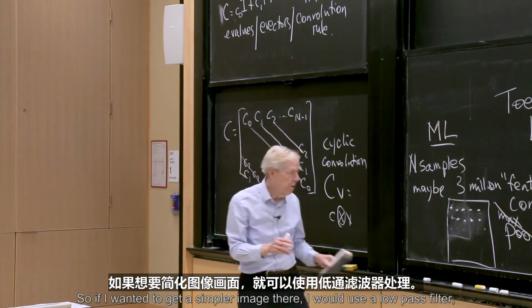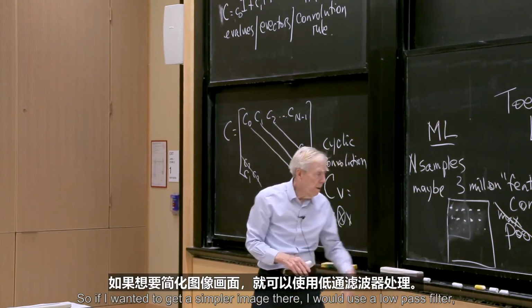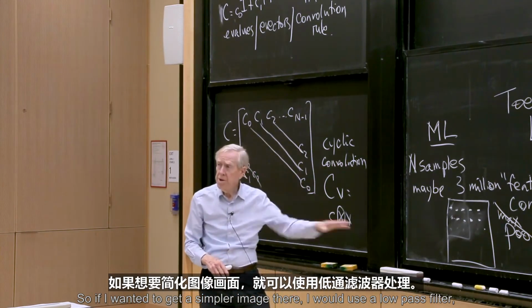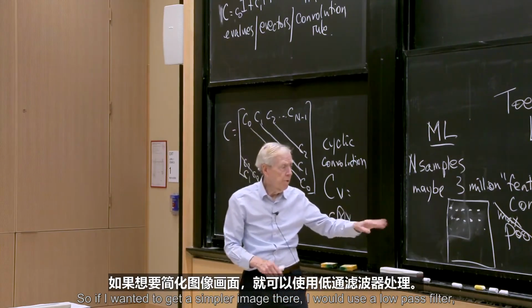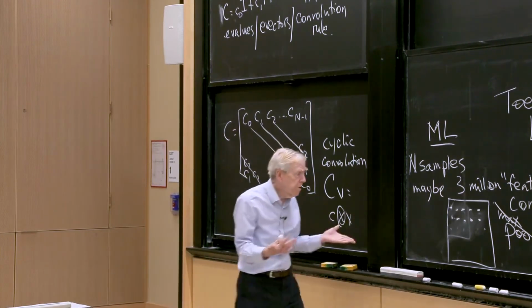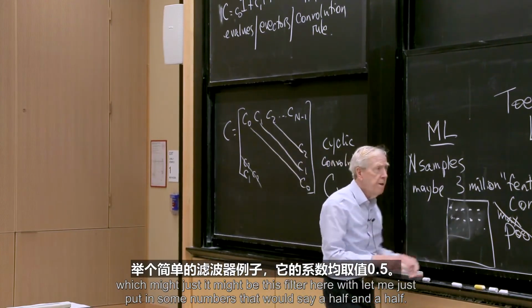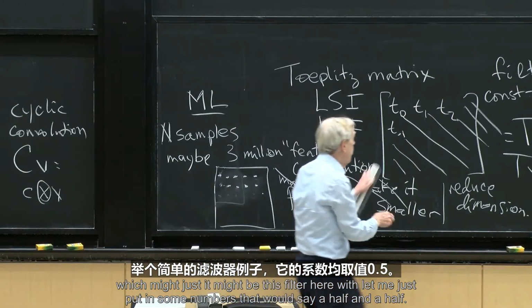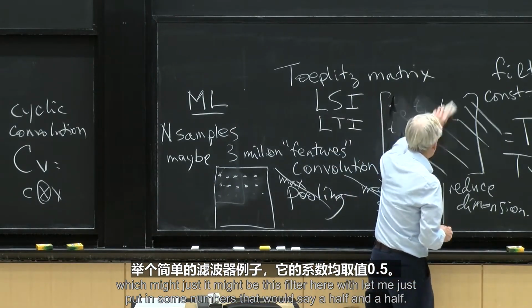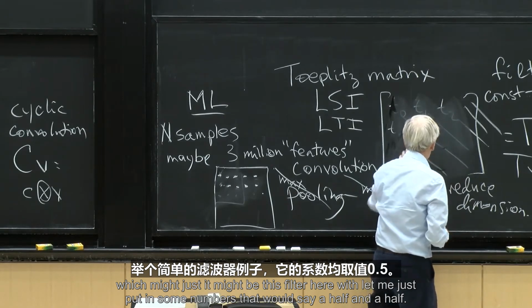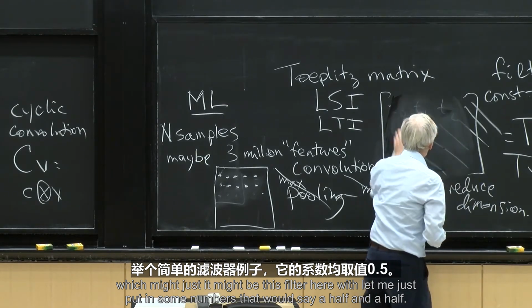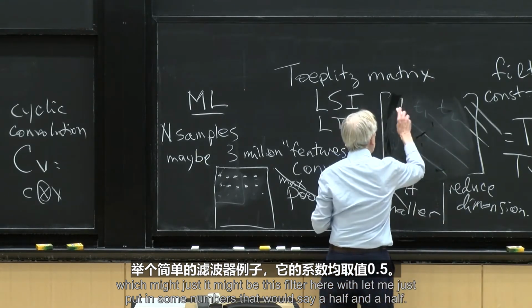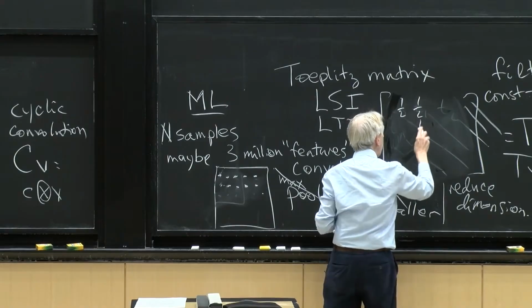So if I wanted to get a simpler image there, I would use a low-pass filter, which might be this filter here, with, let me just put in some numbers, say a half and a half.